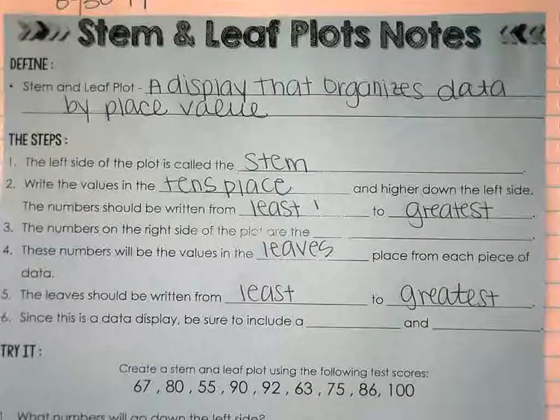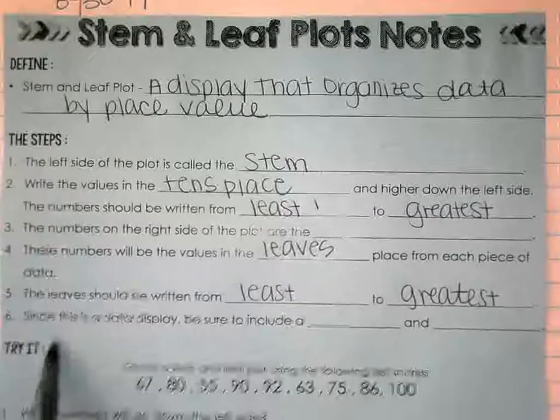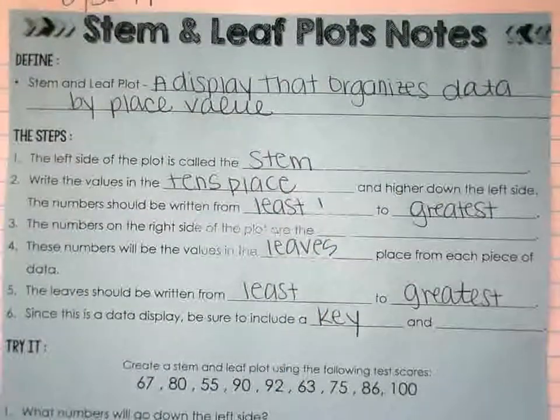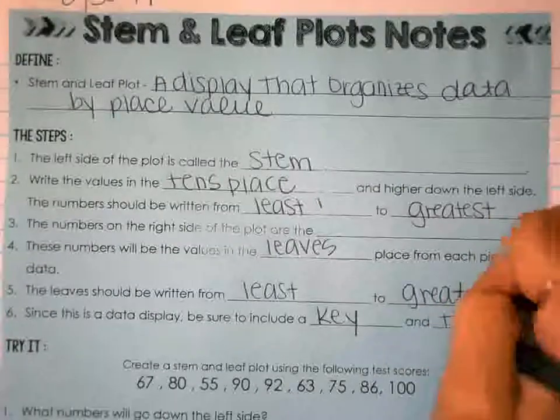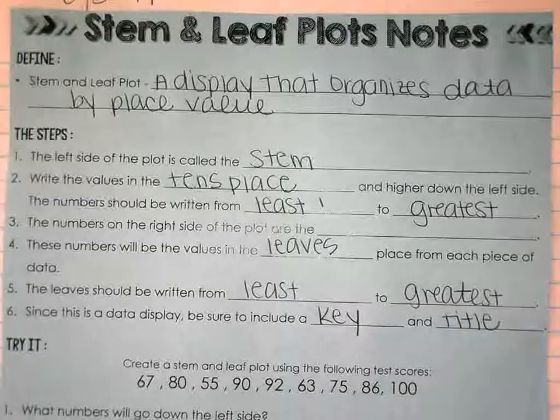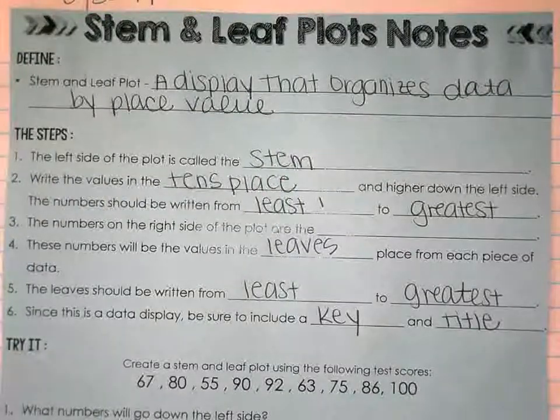And then since this is a data display, you must be sure to include a key. You always need a key, and you must always do a title. Any type of data display needs a key and a title to go with it.